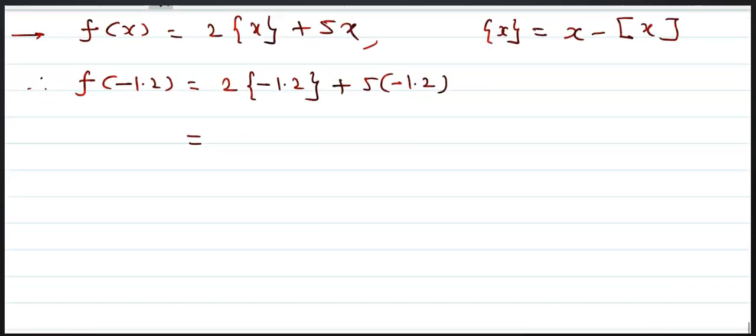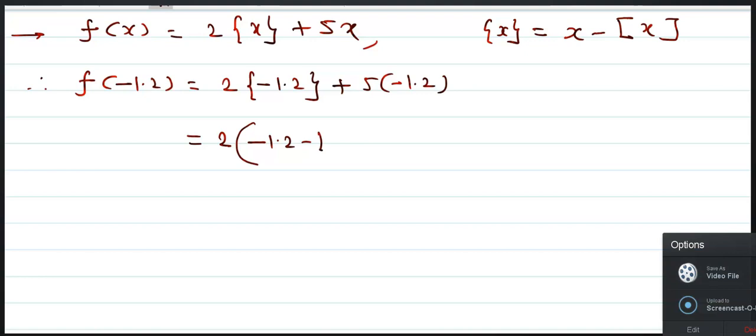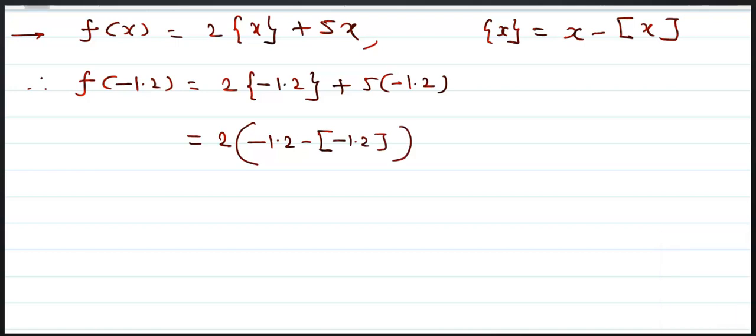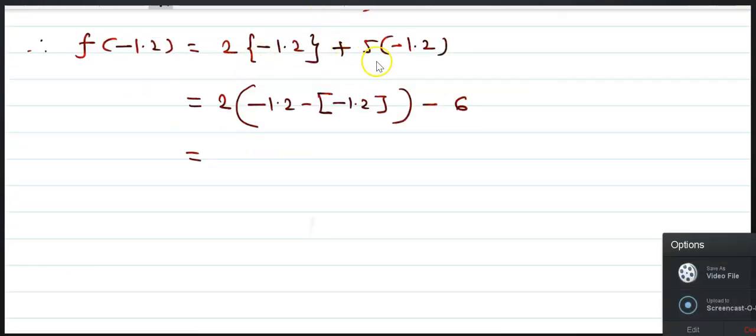See this, our simplification is here, that is x minus, this is our x, which is minus 1.2, minus the integral part of minus 1.2, bracket complete, multiplication 5 into minus 1.2, and that equals minus 6.